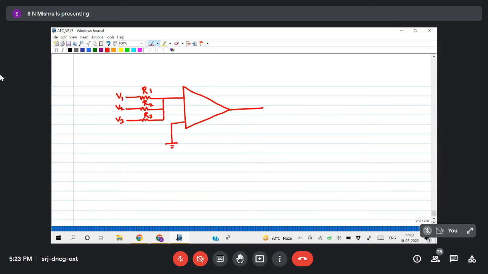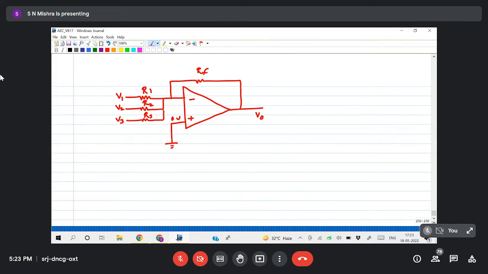This is grounded, and from here to here I am connecting one feedback. So V naught, RF, negative, positive. So this is the circuit. Let us see what my output is. Here the non-inverting terminal is grounded, so here we'll get 0 volt.